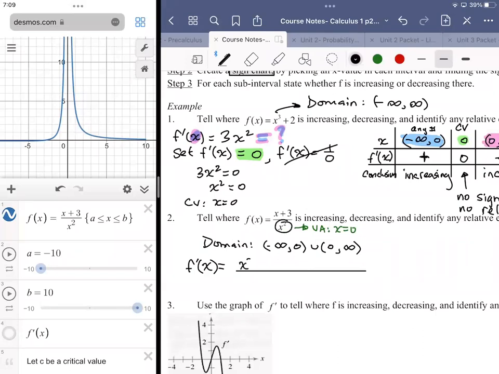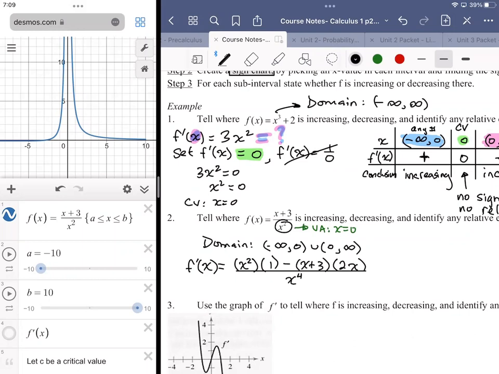That's my low. D high, derivative of x plus 3 is 1. Minus high, x plus 3, d low, which is your 2x, over denominator squared. Square that x squared, you get x to the 4th.